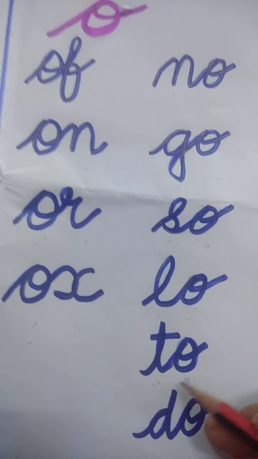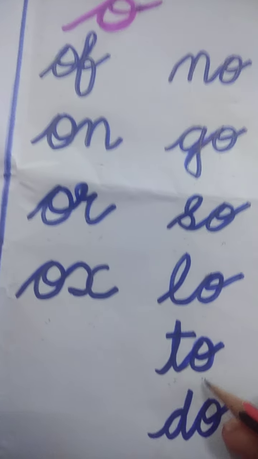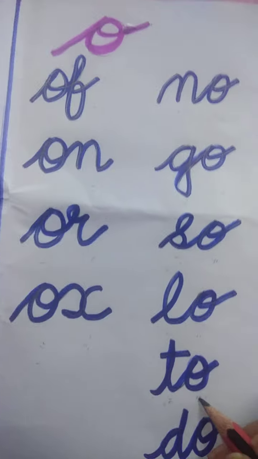This will make the sound of to. Next is do. This will make the sound of do. Repeat with me. Off, O and on, or, ox, no, go, so, lo, to, do.